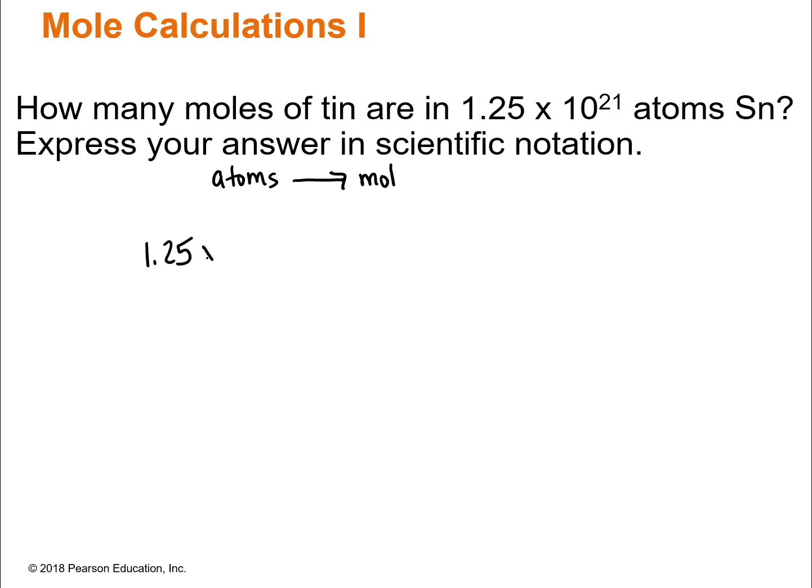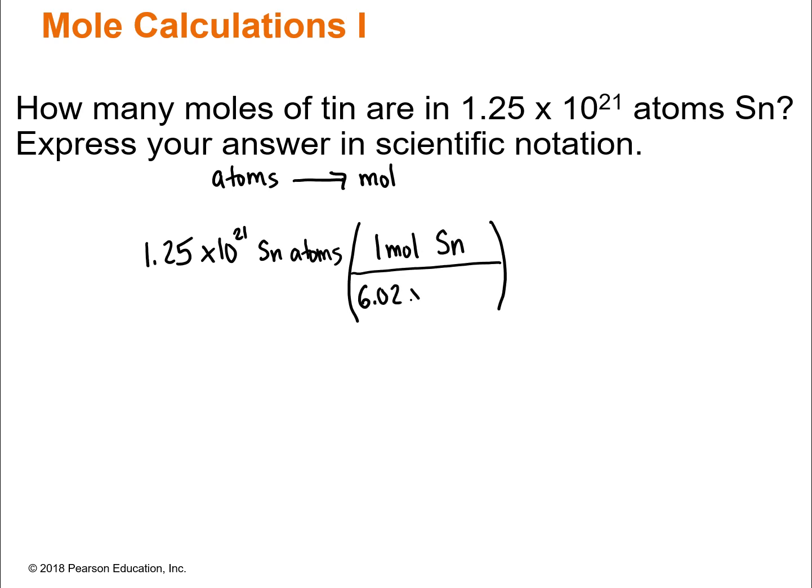So we're going to take the number of atoms we're starting with, and then we're going to say 1 mole of tin on the top and the equivalent number of atoms on the bottom. The atoms cancel. We're left with moles.